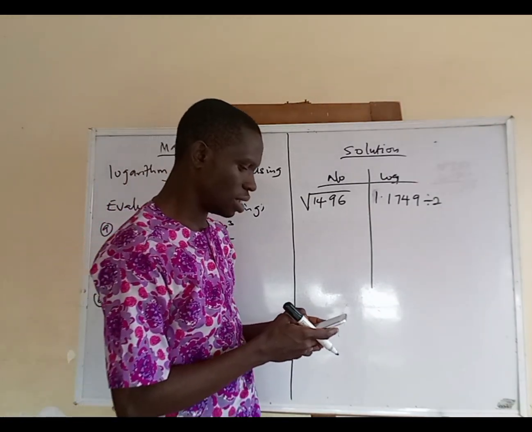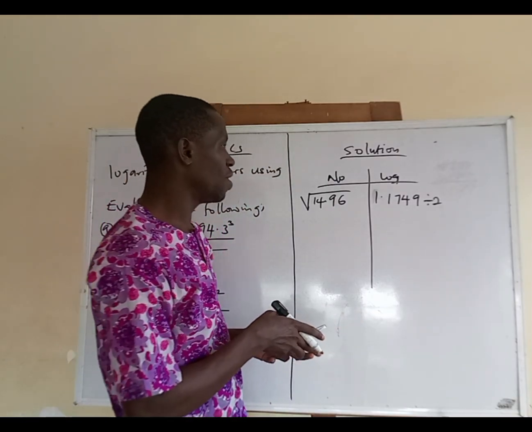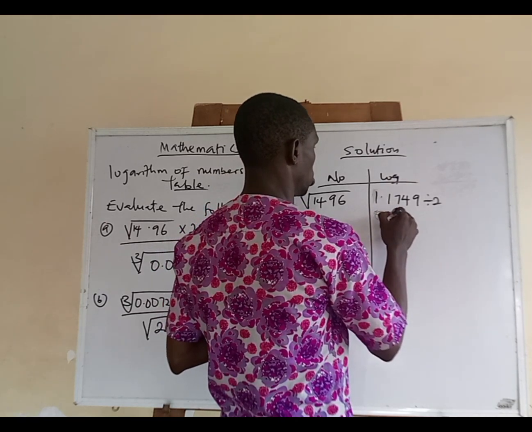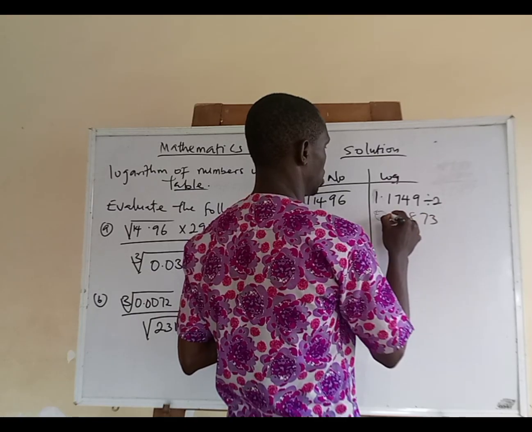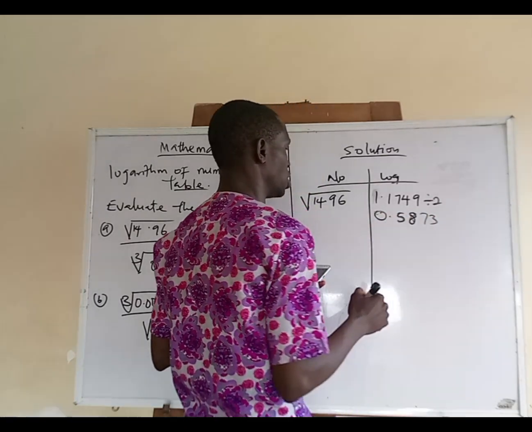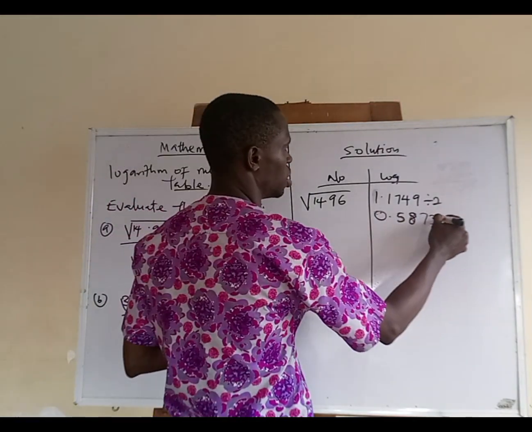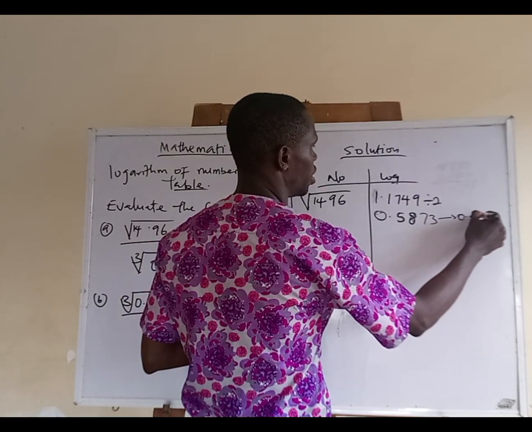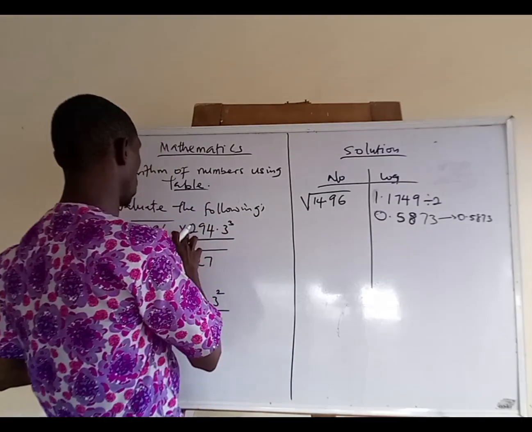By the time we divide it, we are going to get 0.5873. So that is that. Then we bring this out, 0.5873.